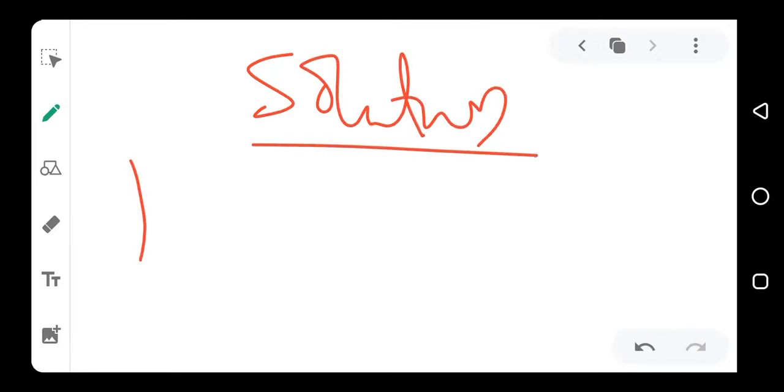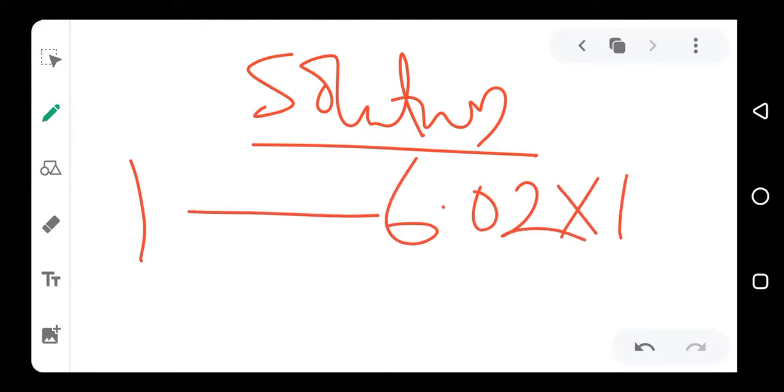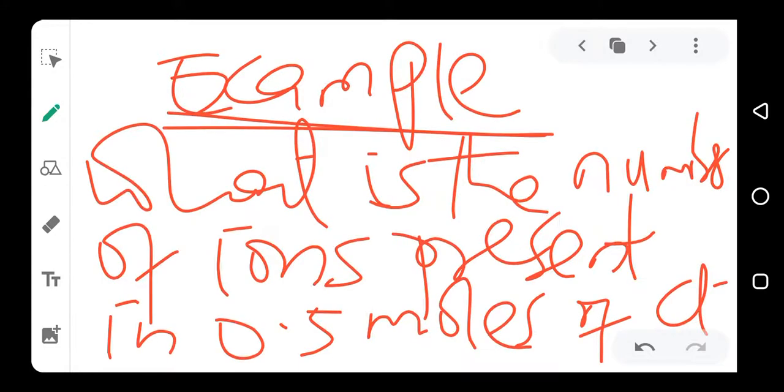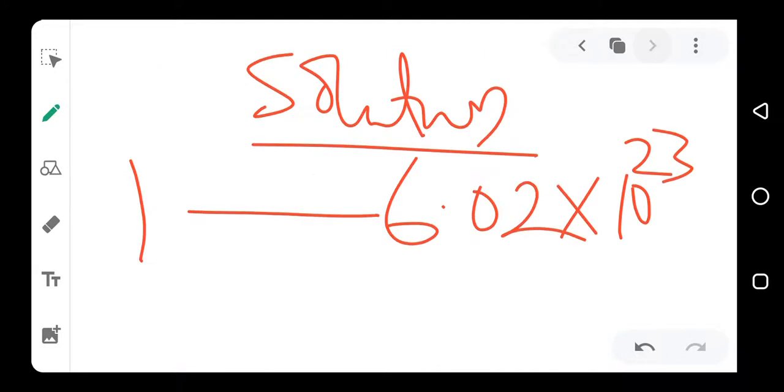Solution. Once again, we have to recall that 1 mole of any substance contains 6.02 times 10 raised to power 23, and therefore we are given the number of mole as 0.5. So we put the 0.5 under the mole.